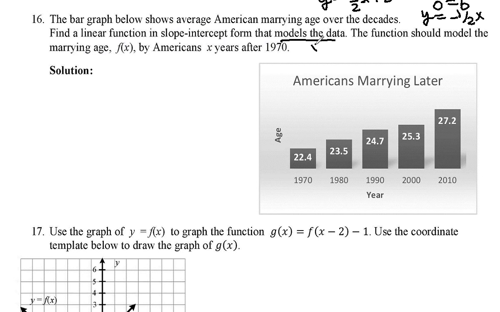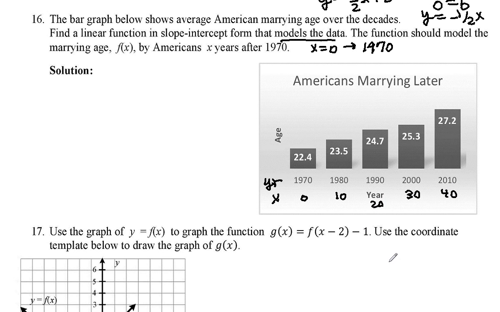So that's saying that x equals 0 corresponds to 1970 in our equation. So this is x equals 0, this is x equals 10, so look at the year here, and then the x value. x equals 20, and 30, and 40.